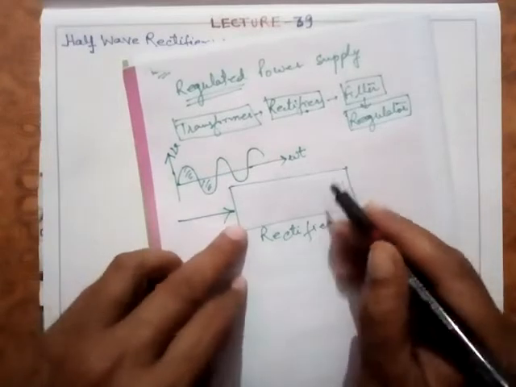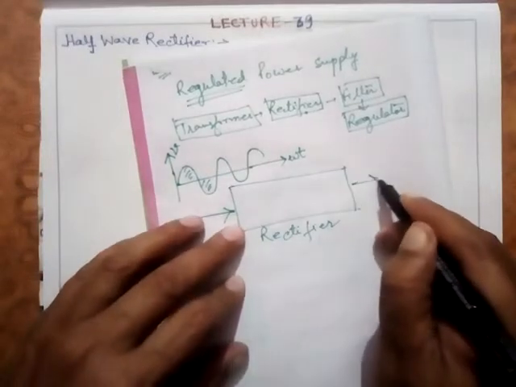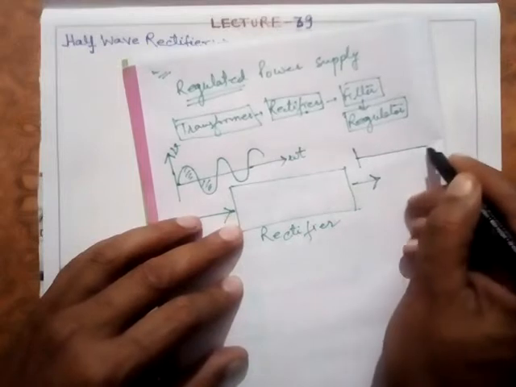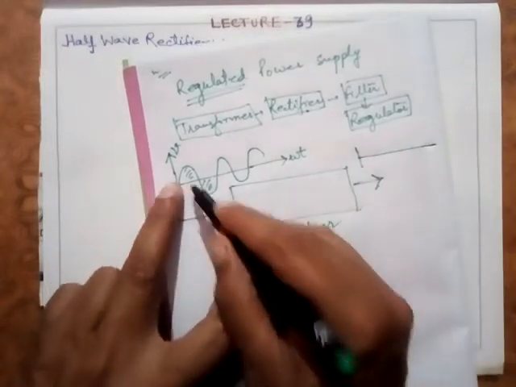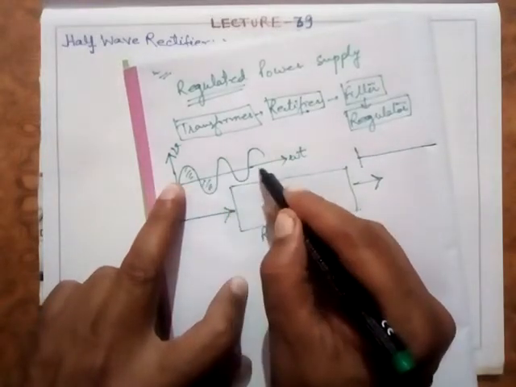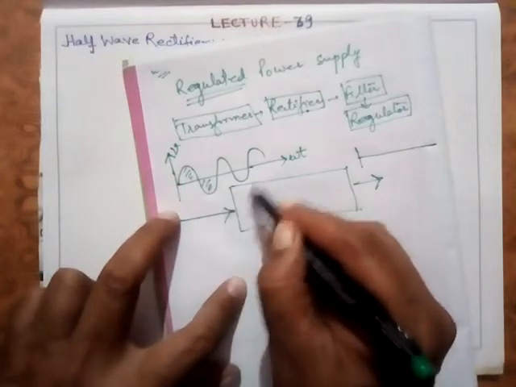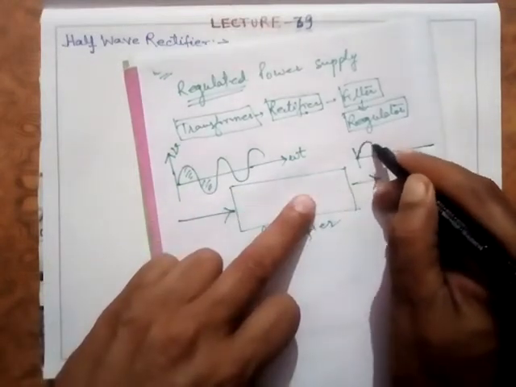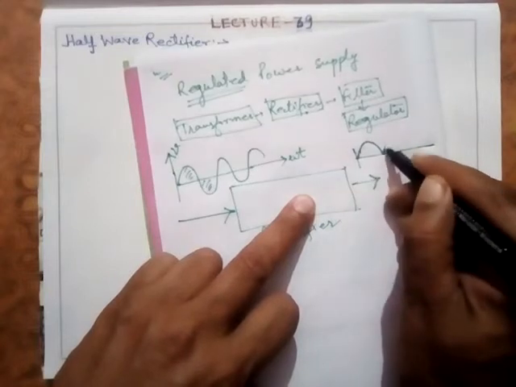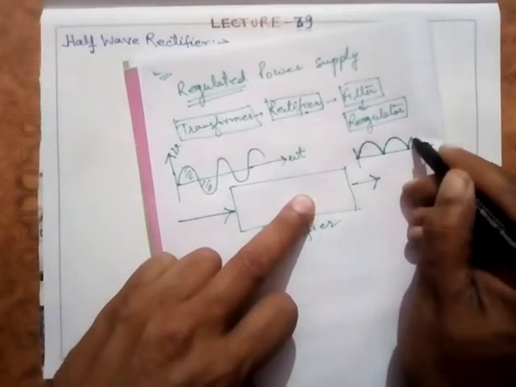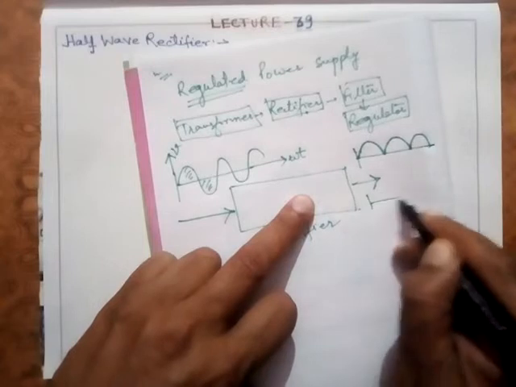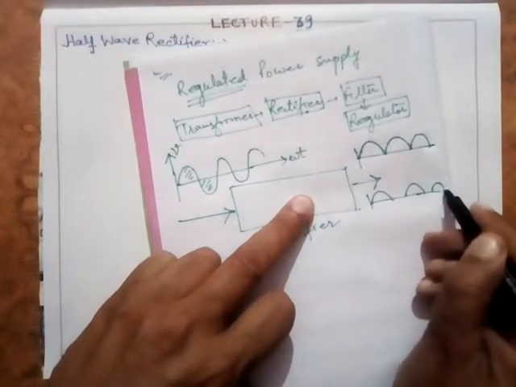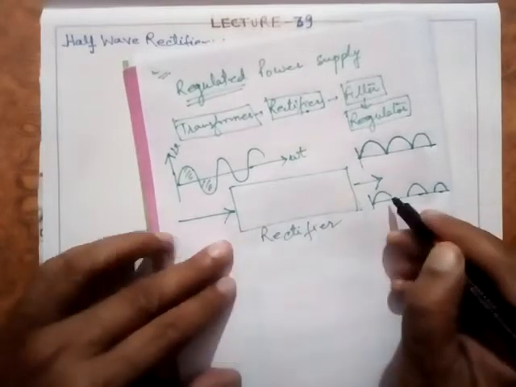The function of this rectifier is to convert it into another type of signal which has a swing only on the positive side or only on the negative side. Our focus will be only on the positive side, so it converts this into this kind of signal, either full wave, or even this type of signal.